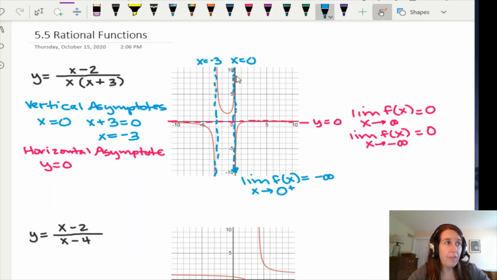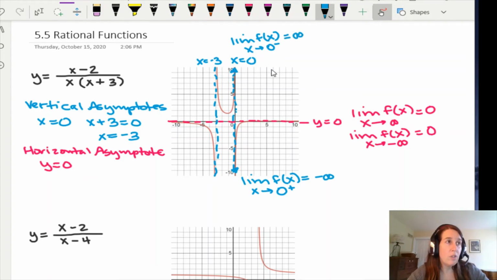Okay. On the other side of 0, see how the graph is going up right here? It's going towards infinity. So on this side, we have the limit of f of x as x approaches 0, but this time from slightly less than 0, on the negative side of 0, and that is approaching infinity because it's going upwards.